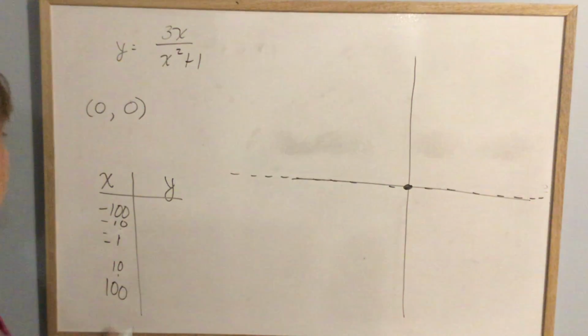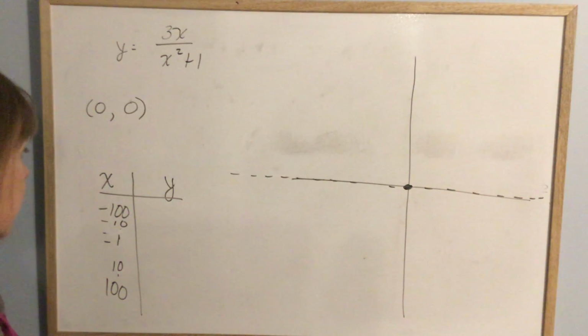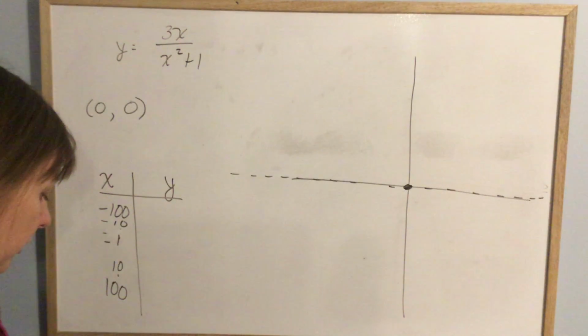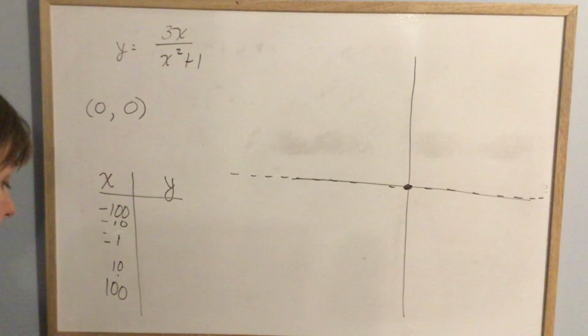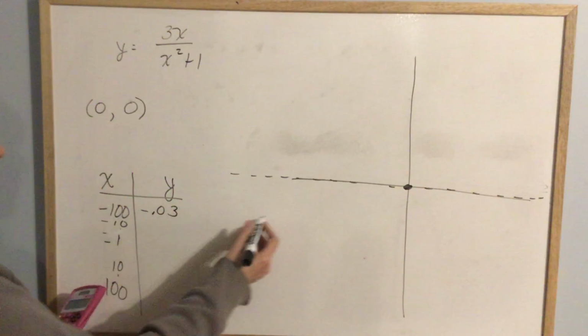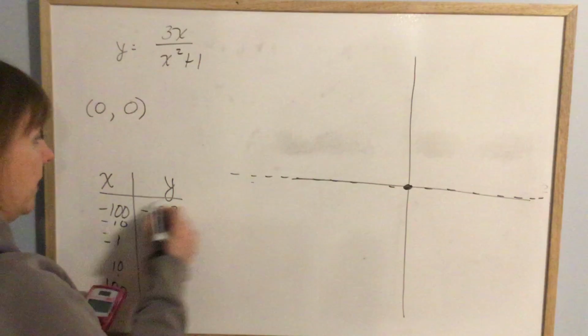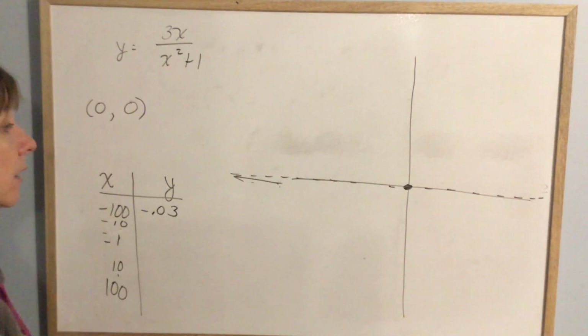So if I do negative 100, that's negative 300 on the top, and negative 100 squared plus 1 is a very large number. So negative 300 divided by my answer, I get like negative 0.03. So at the extreme end, at negative 100, it is just below this horizontal asymptote.